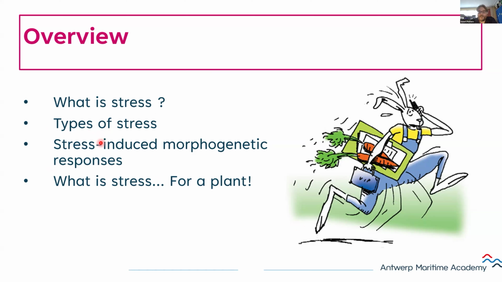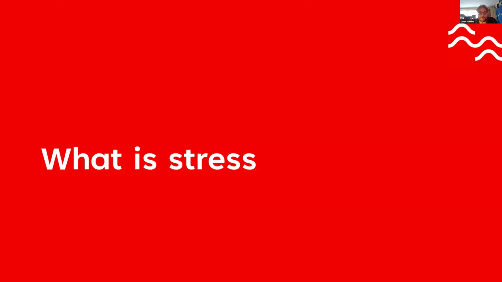And now coming back to Weiwei's presentation, at that moment we could only find linear changes. And now I'm very interested how this could possibly translate into a 3D model. After that, I will again come back and go for what could be stress from a plant's point of view.